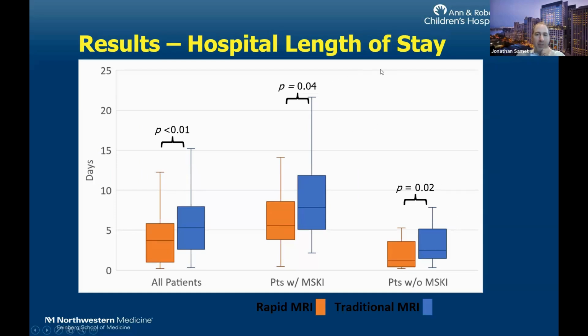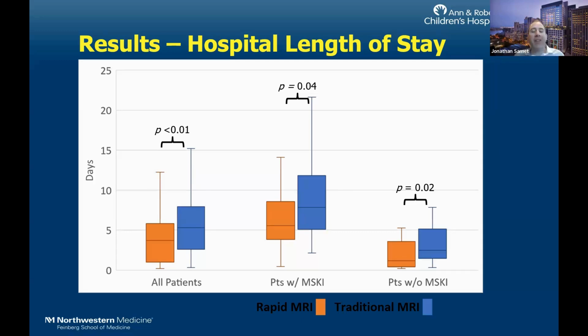What about the hospital length of stay? This was interesting. So we found that actually you had a decreased length of stay. And what was interesting was that the patients without MSK infection that were negative had more of a difference. And so that tells me that if you're able to call the study negative, they can just go home right away. They don't need to be admitted.